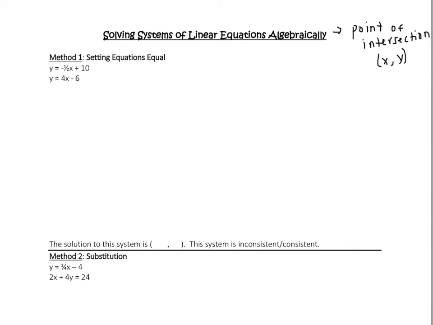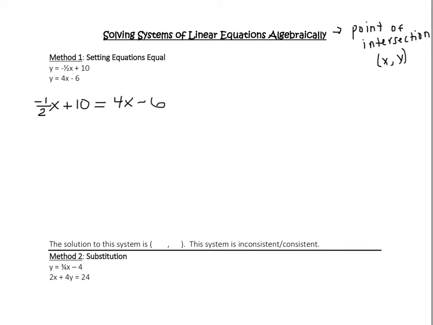So if they're both set equal to y, we can set them equal to each other. So we would put negative 1/2 x plus 10 equals 4x minus 6. And we would just solve this equation just like we normally would.